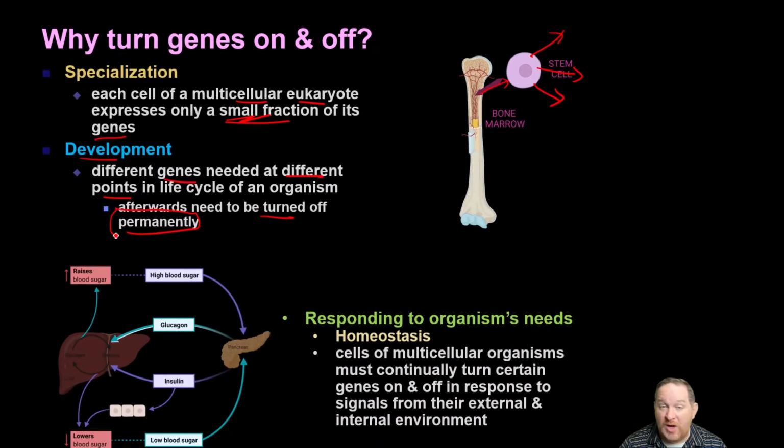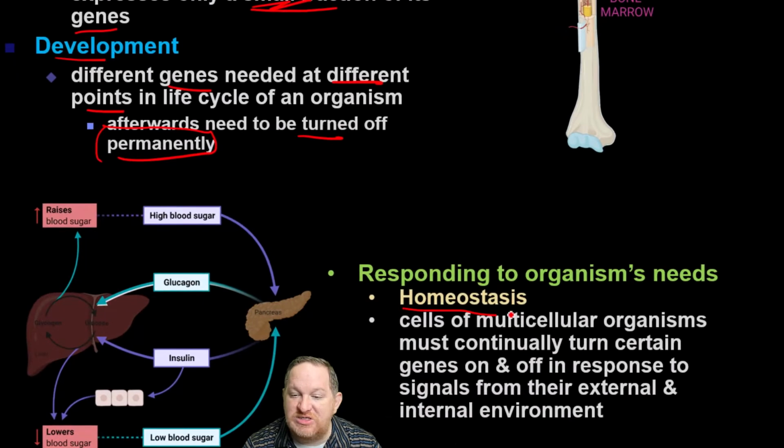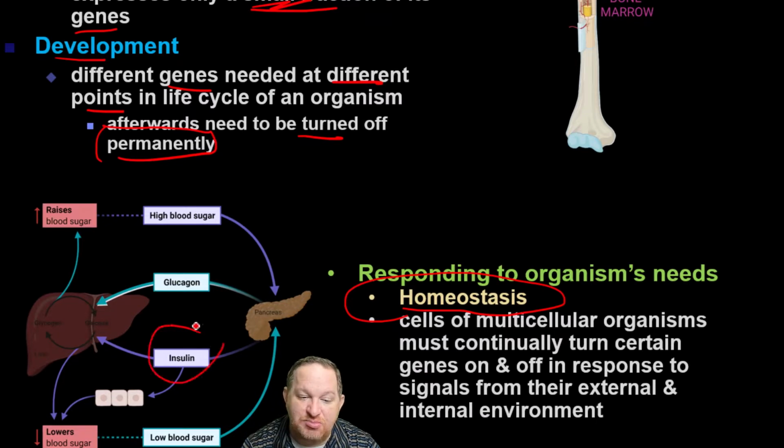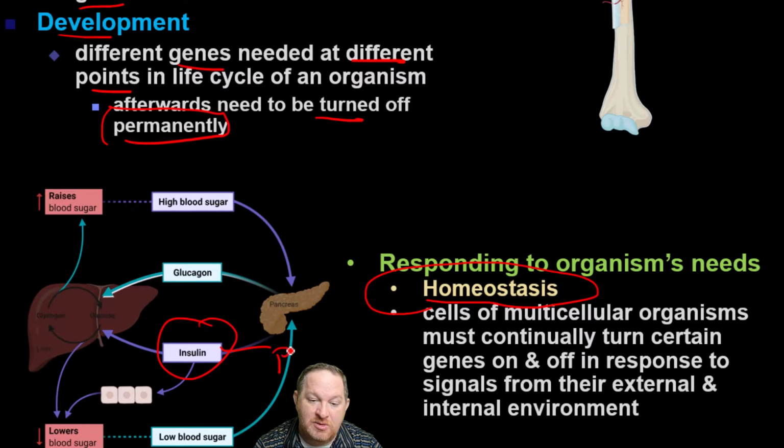Now, we also need to turn genes on and off in real time because of homeostasis, responding to an organism's need. We need to keep balance. Prime example of this would be insulin, right? Insulin is a protein that takes sugar and stores that sugar as glycogen. So insulin, the protein, occasionally needs to be made.